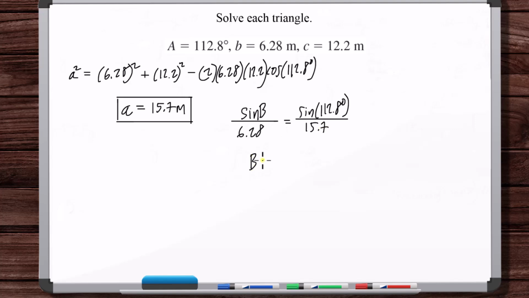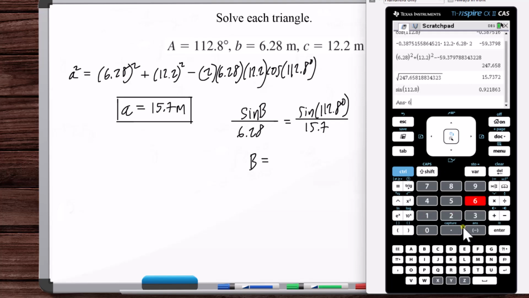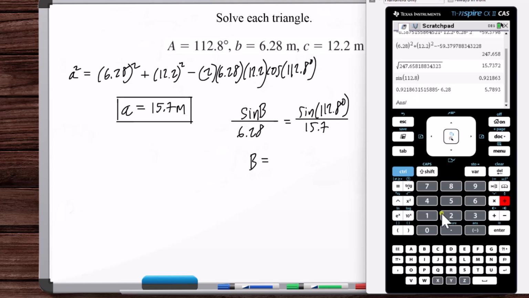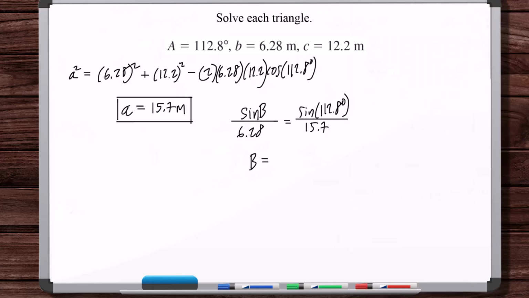So B is going to be sine of 112.8 times 6.28 divided by 15.7. 21.6 degrees.